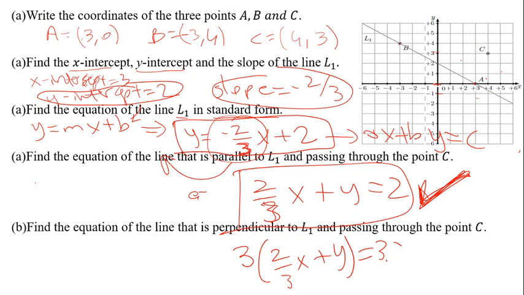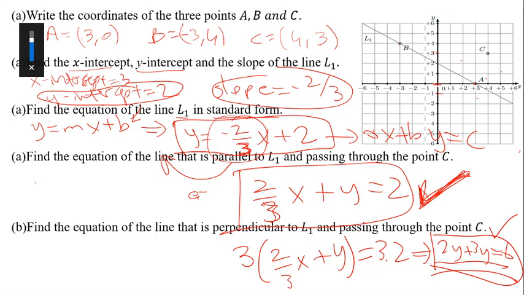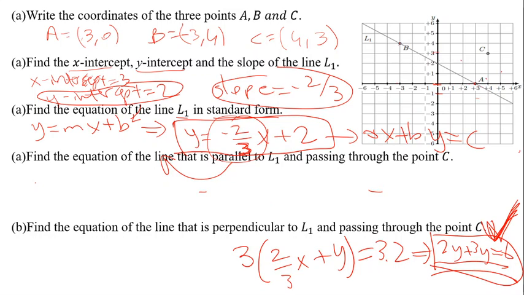So it's better you write this 2x plus 3y equal to 6. Most likely in the choices you will see that, but they're both okay. So I will keep this one as the final answer.